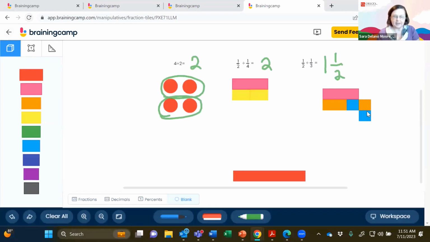I'll show them divide across, numerator divided by numerator, denominator divided by denominator, and I'll show them invert and multiply. And we'll test it a few times. In fact, in the 4-8 manipulative book, there's a whole activity that shows why invert and multiply works, what's happening when you invert and multiply.